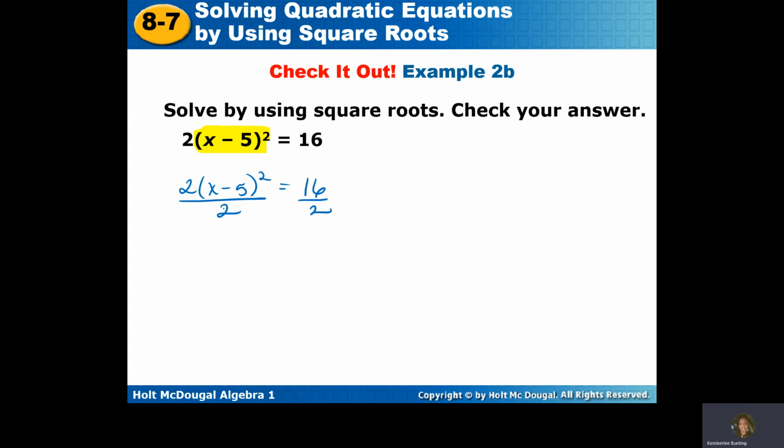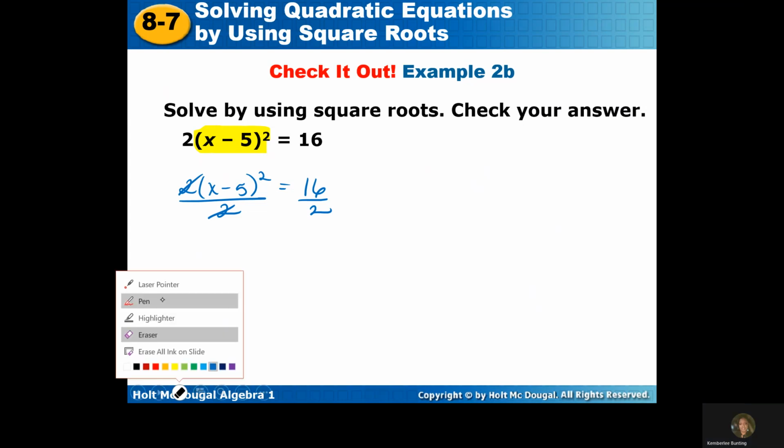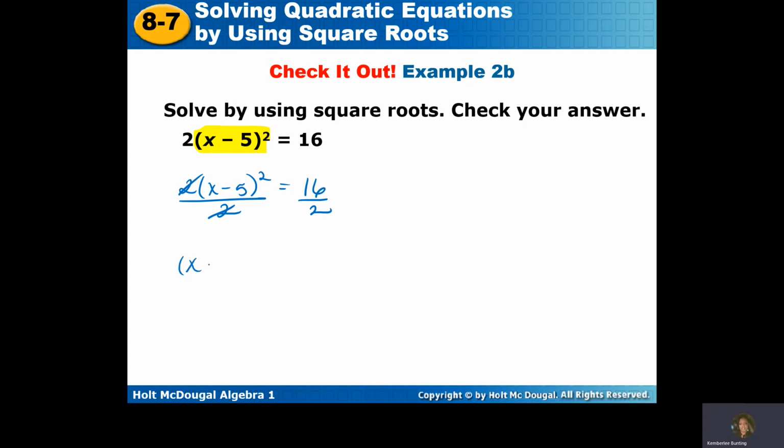Trying to spread it all the way out. So now I'm left with the quantity of x minus 5 squared is equal to 8.